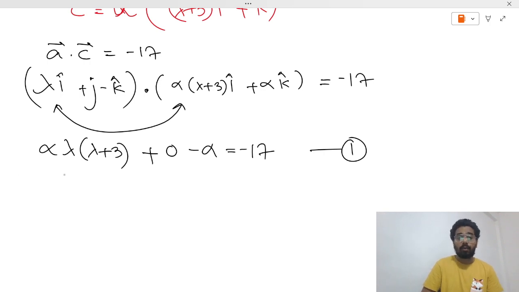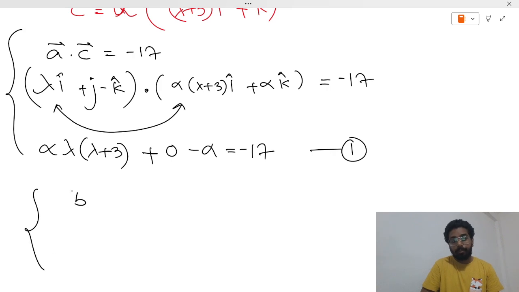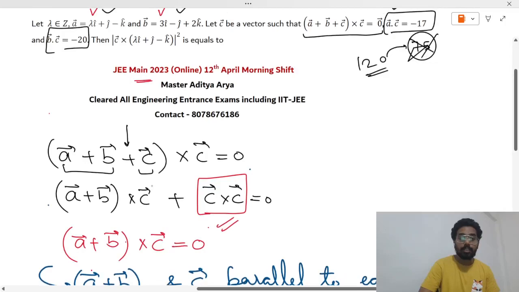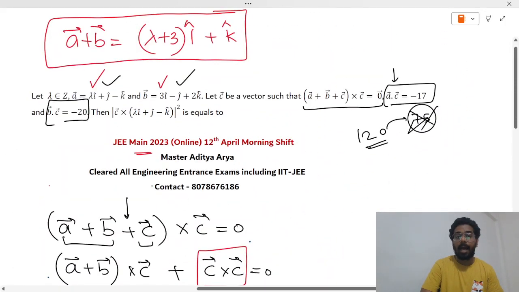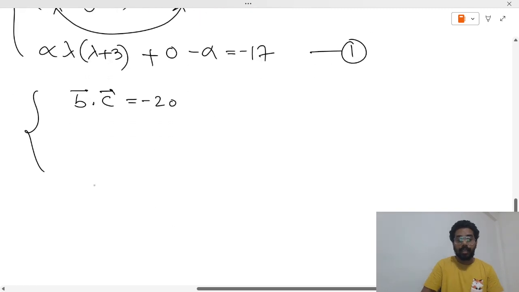Now, there is one more thing: b dot c vector equals minus 20. Let me cross verify. Yeah, minus 20. What is the b vector? If you check, 3i minus j plus 2k.